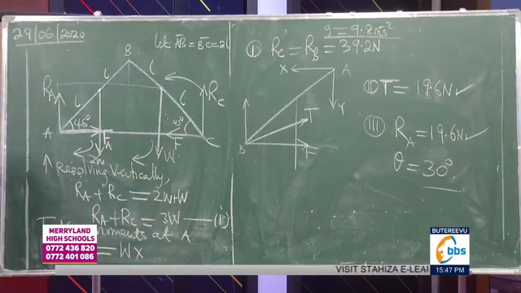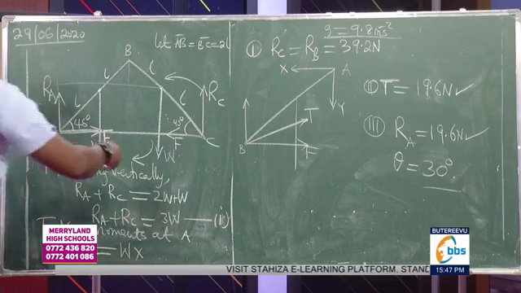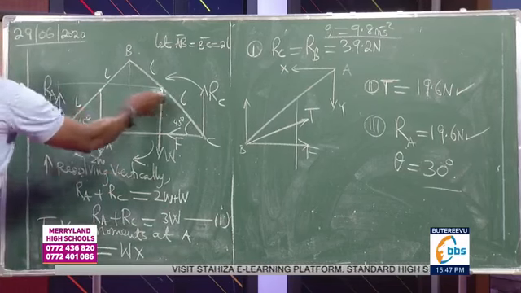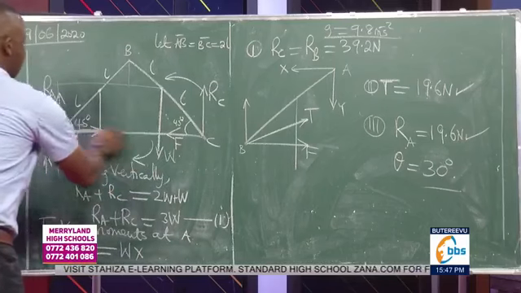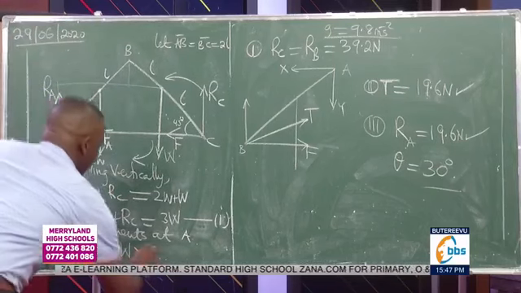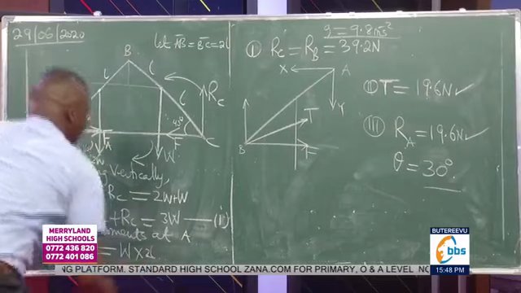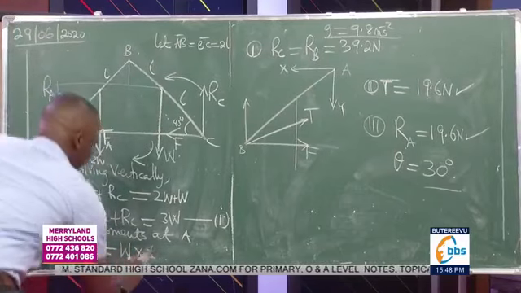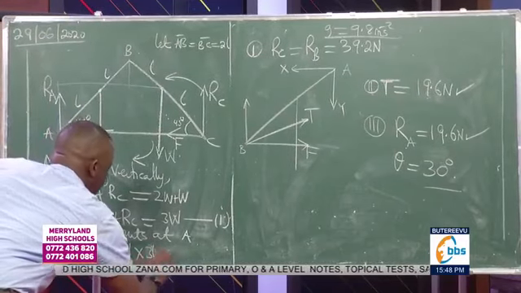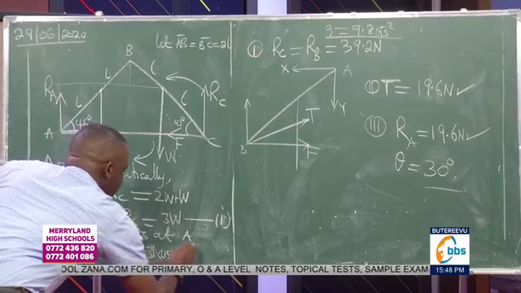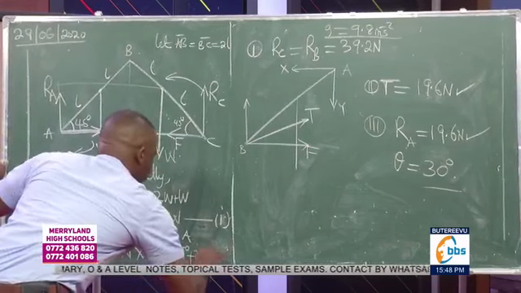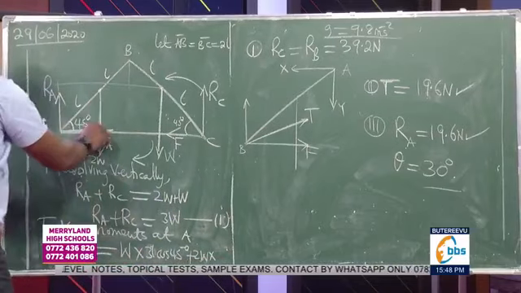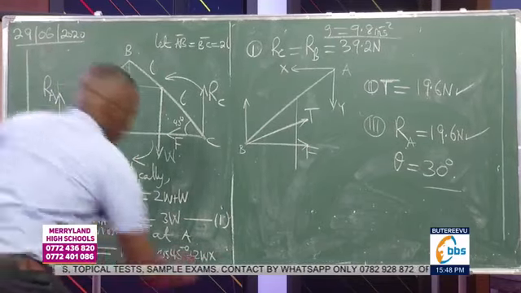With that, it would imply this would be W times this distance, which we can take as 3L cos 45, plus this 2W times the distance here, which is simply L cos 45.